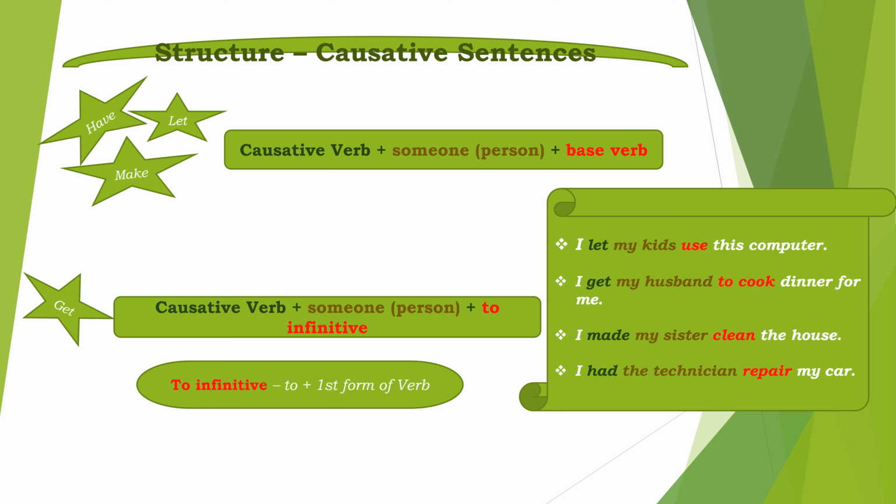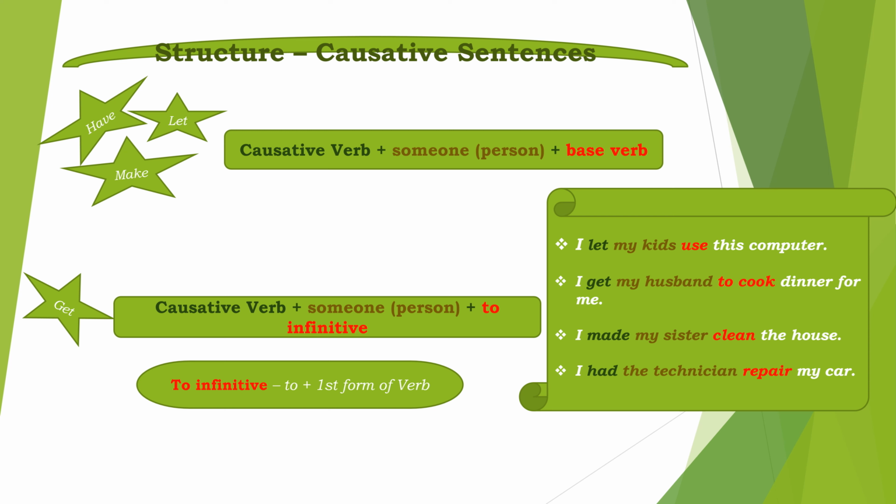So you have seen that causative verb structure comes in between the regular sentence. We use a subject and the rest of the sentence, and in between we have this structure. Second example, I get my husband to cook dinner for me.